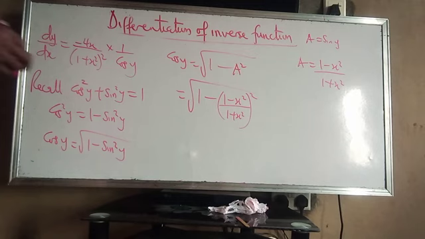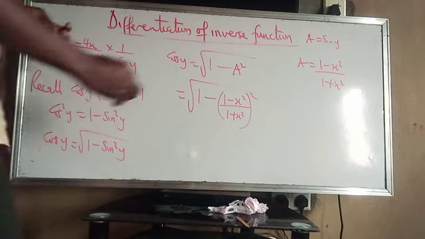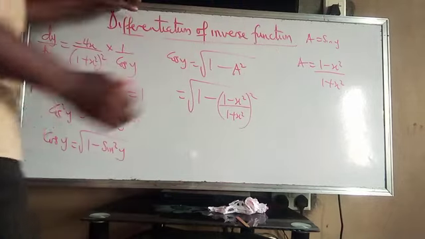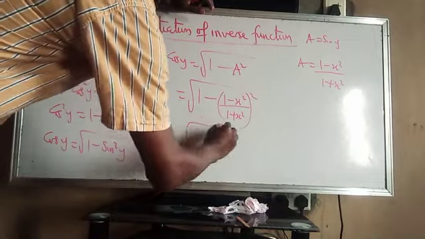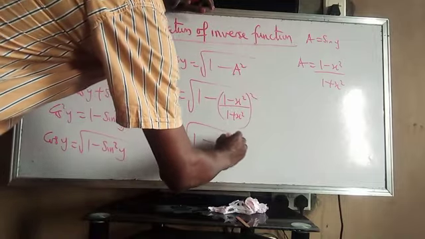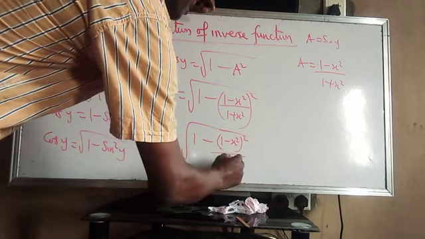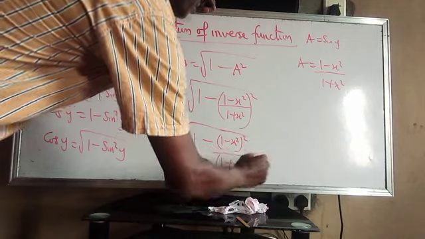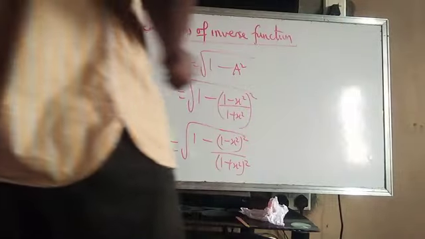So we can decide to open up the bracket. I think it will be proper here. This is the same thing as writing the square root of 1 minus x squared, so that you will not be confused, all over 1 plus x squared. So we can find the LCM. Take your time, you get it.